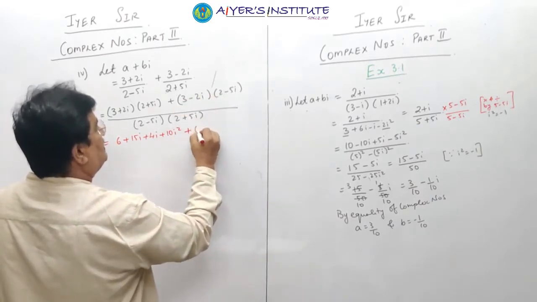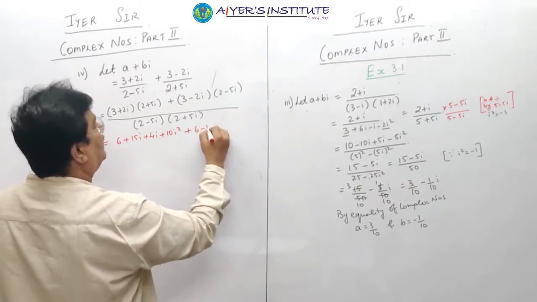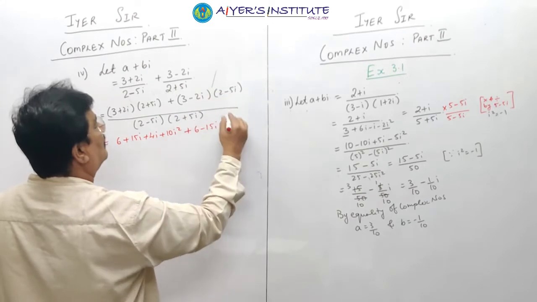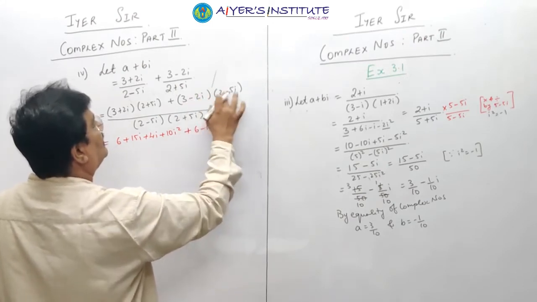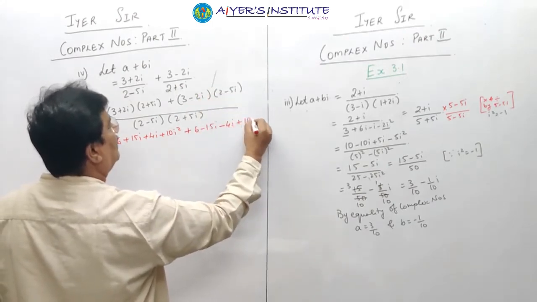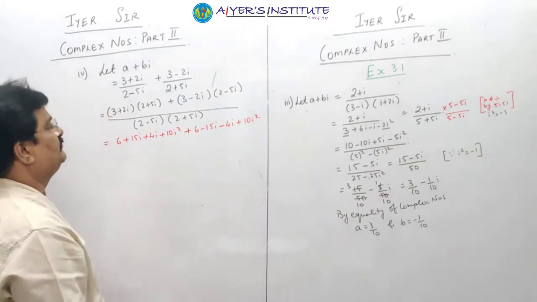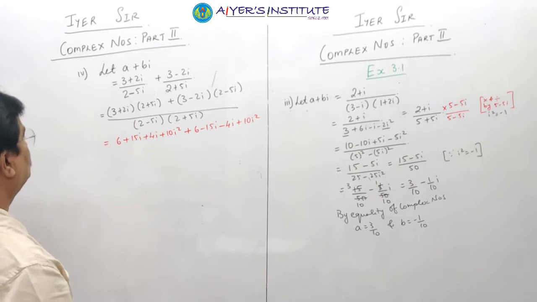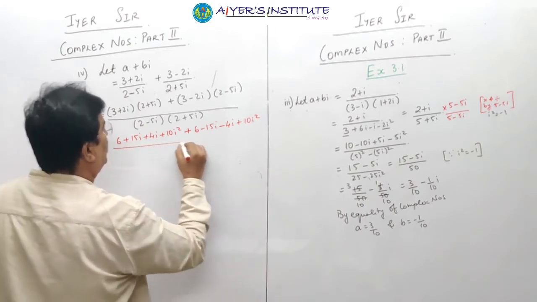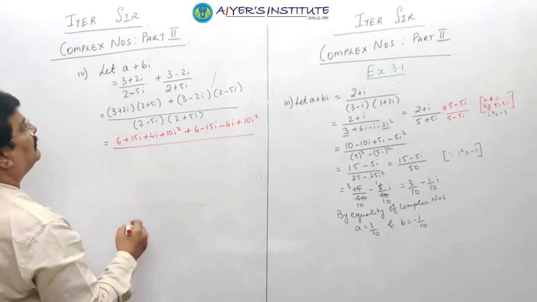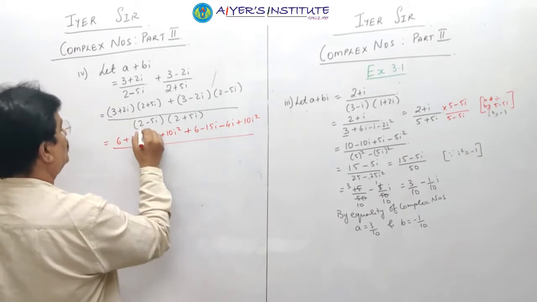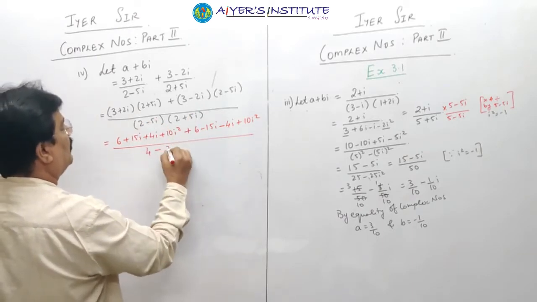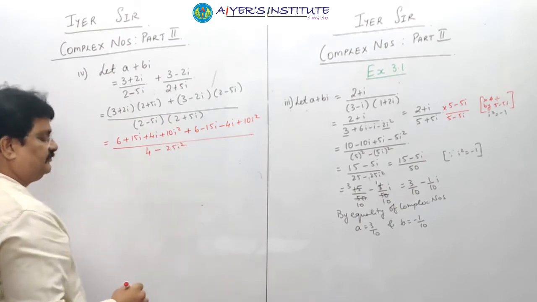3 2s are 6, 3 5s are 15, minus into plus minus, 2 2s are 4i, minus into minus plus 10i square. Denominator, we get 2 to the 4, minus 5 5s are 25i square.